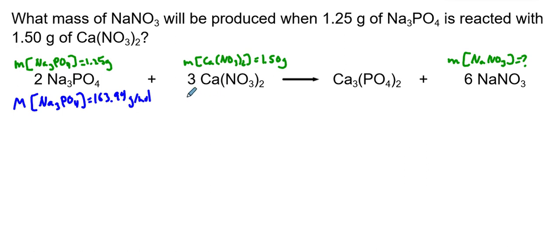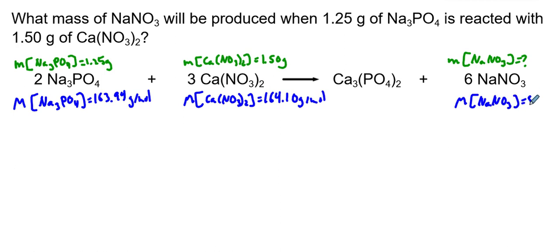Then for the calcium nitrate is 164.10 grams per mole, and the sodium nitrate works out to be 85 grams per mole. Excellent. So those are from the periodic table I'm working with. Always use the periodic table that your teacher provided for you.